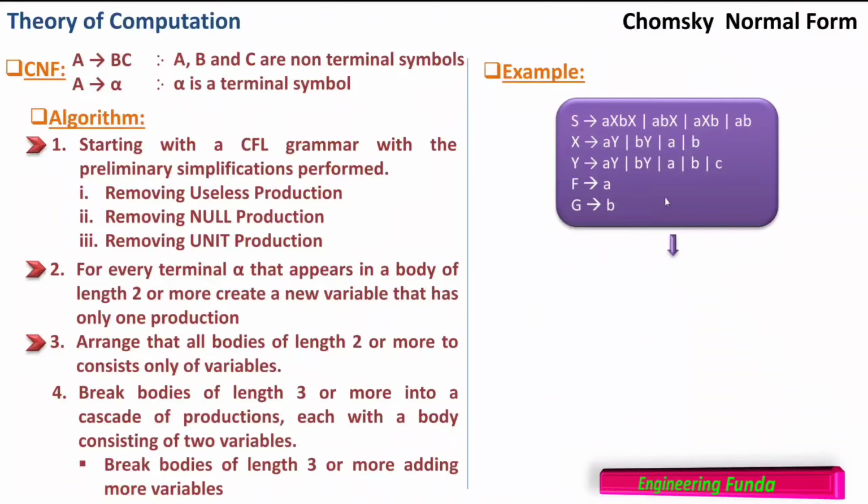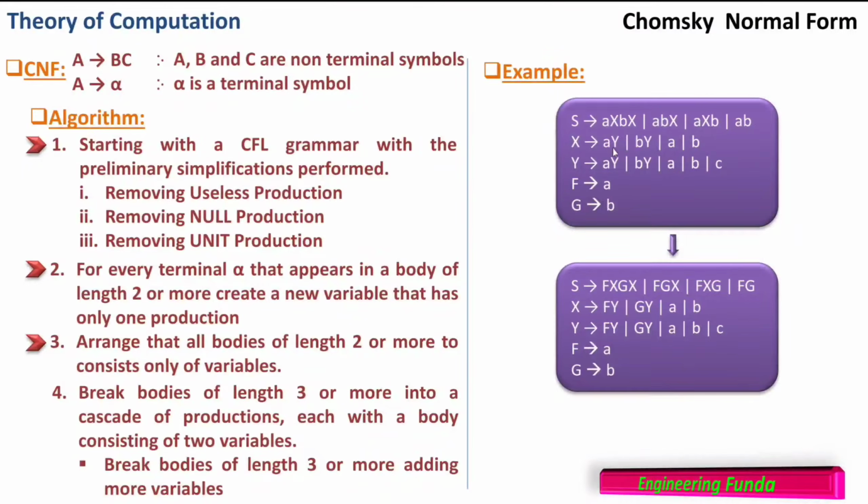Let us look at how the grammar will look after performing this step. Here this a is replaced by F because we have the production F tends to a. Same way this b is replaced by G.